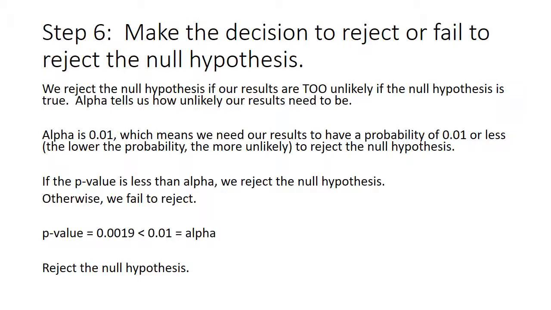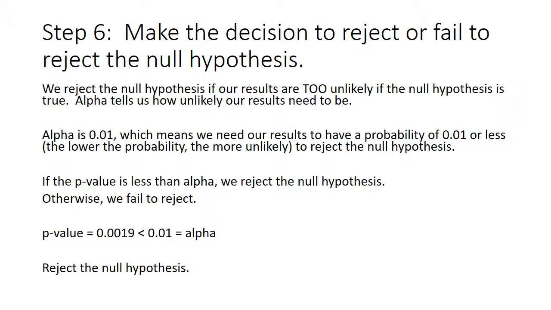Remember, the lower the probability, the more unlikely, so the more reason to reject the null hypothesis. If our p-value is less than alpha, we reject the null hypothesis. Our p-value is so low, our results are so unlikely, that we don't really think that null hypothesis is true. We never say that. We never say true or false.